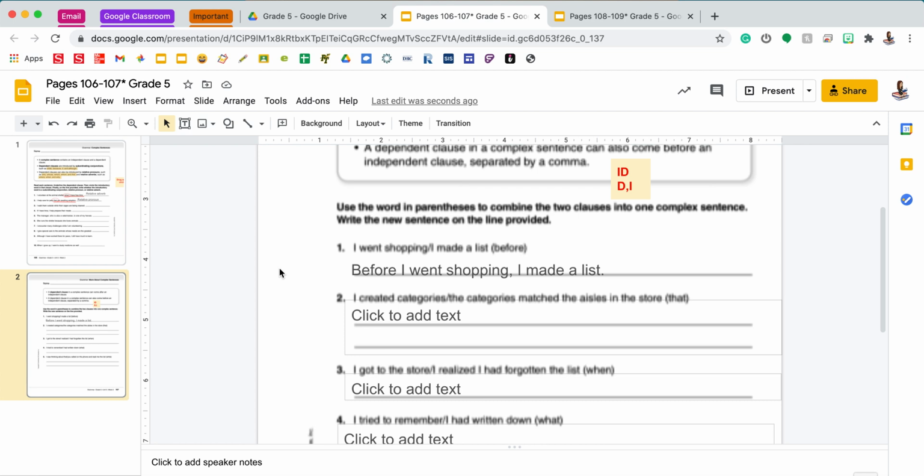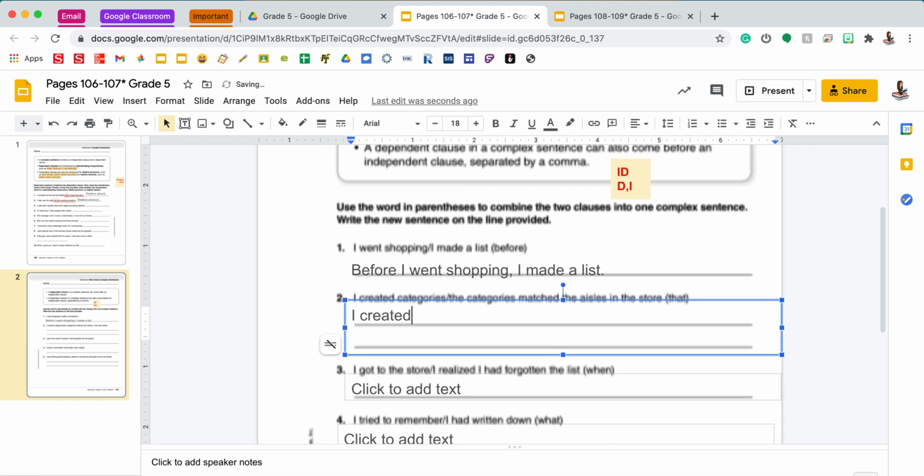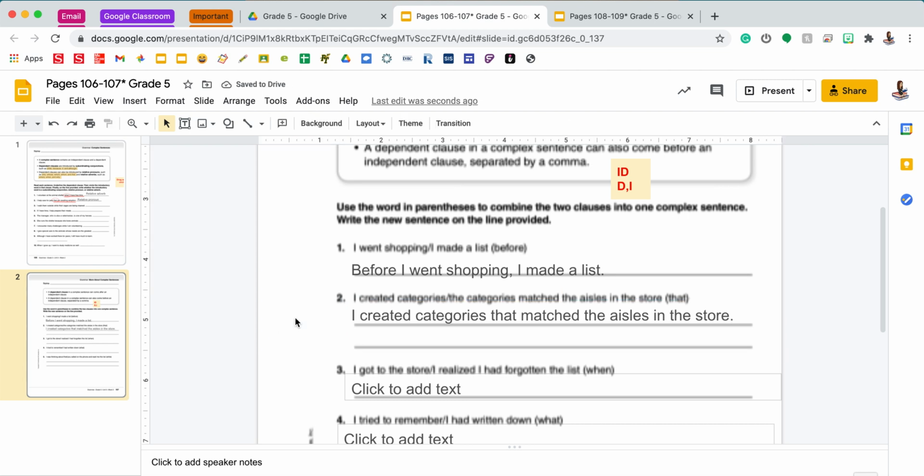I think the second way makes more sense, and I'm actually going to take out the categories to make this sentence flow better. So you should have I created categories that matched the aisles in the store. Because I put the conjunction in the middle of the sentence, I have my independent clause first, then my dependent, meaning I do not need a comma.